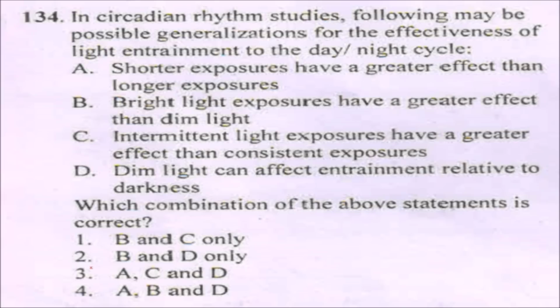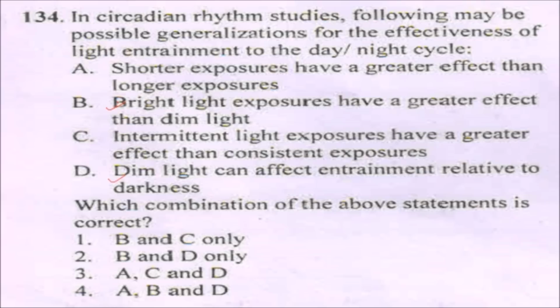Next question is, in circadian rhythms studies, following may be the possible statements for the effectiveness of the light entrainment to the day and night cycle. So what happened for the circadian rhythms? We generally prefer the bright light, and the second is that dim light can basically affect relatively more.